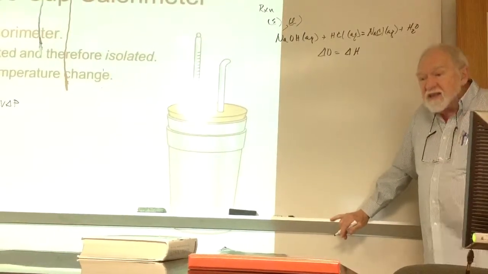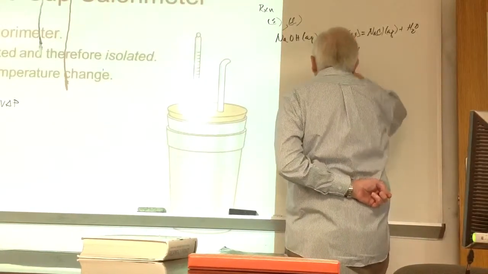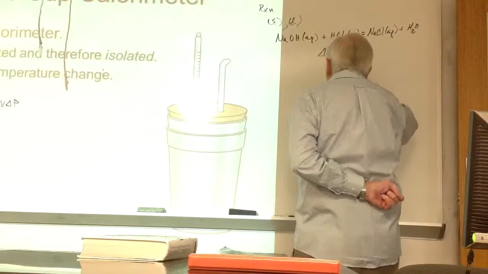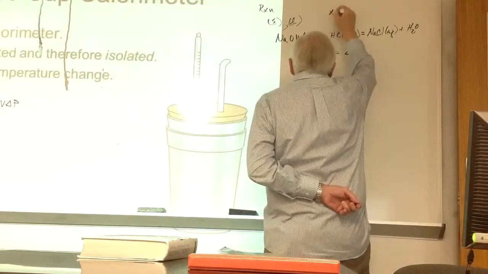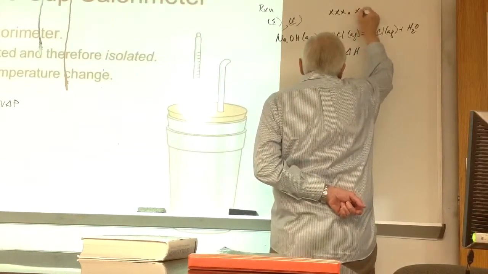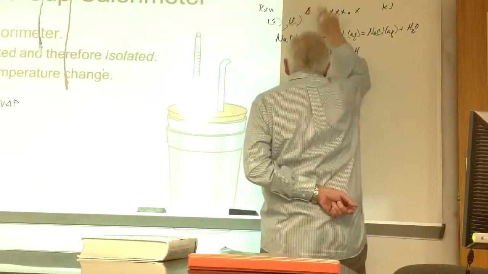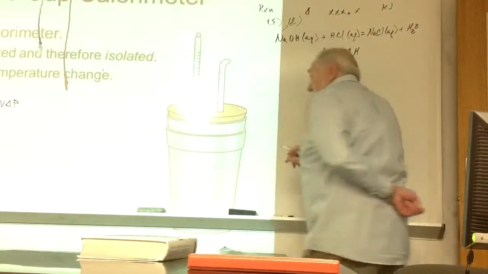Now, it's not exactly the same, but typical numbers for delta H or delta U are hundreds or thousands of kilojoules. Either one of these would be about that sort of number.